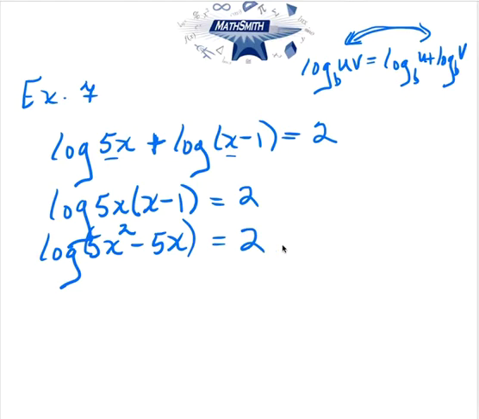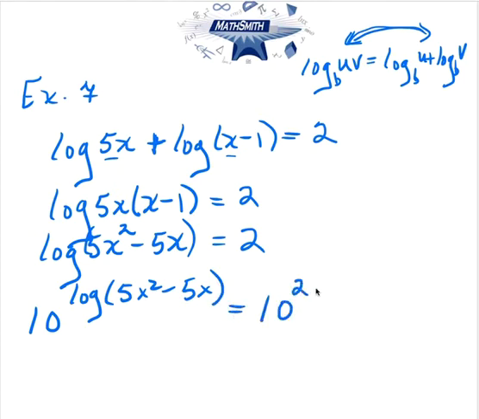Now, next step, I am going to exponentiate. Since this is the common log, what base do I use? Well, I'm going to use base 10. So when I exponentiate, there's my base, and now I write log of 5x squared minus 5x, and I have to exponentiate on the other side, so that's still base 10 squared.